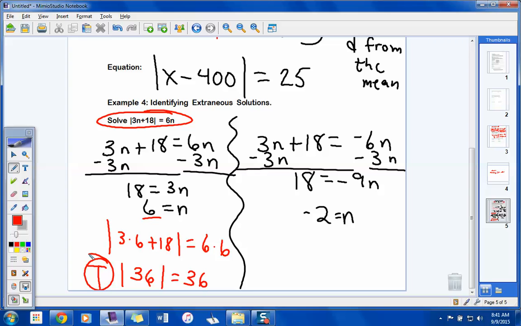Let's plug stuff in. We've got the absolute value of 3 times negative 2 plus 18. All agree there? All I did was substitute negative 2 in for n right here. That's going to equal 6 times what value, guys?